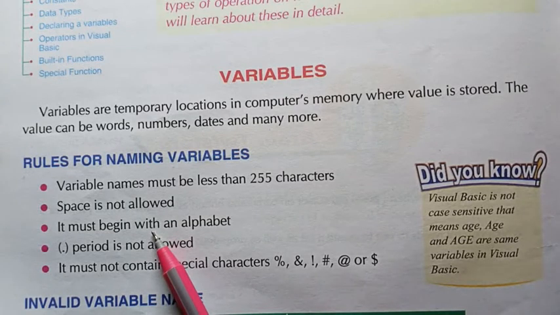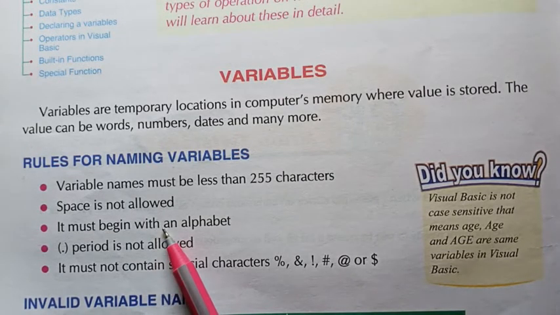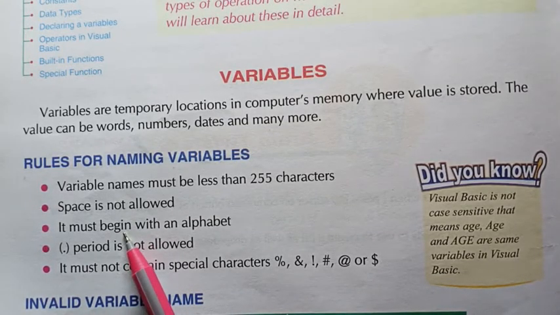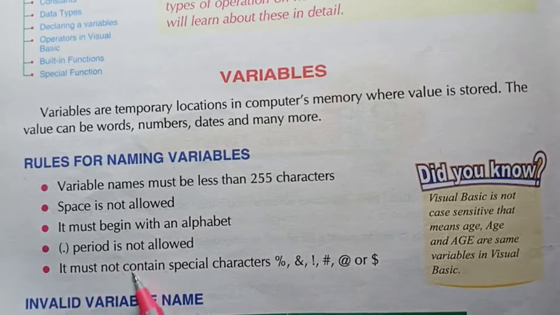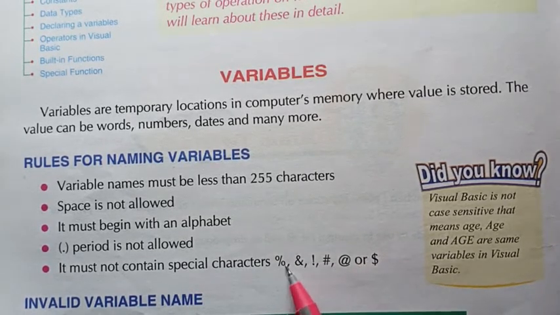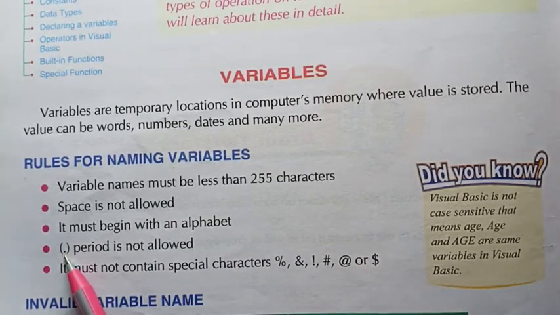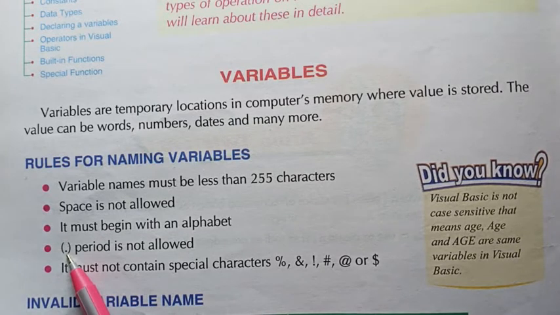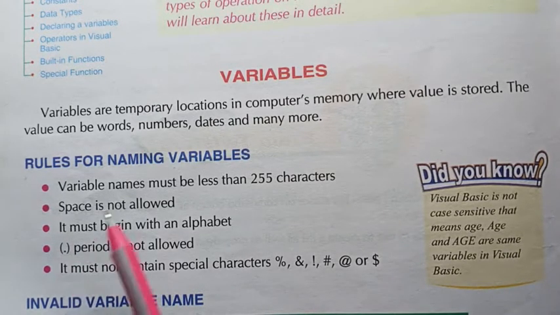A variable has to begin with an alphabet, and it must not contain special characters. Only one special character, the underscore, is allowed. Except this, no other special character can be included in naming variables.